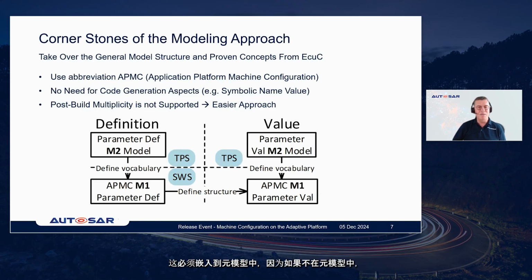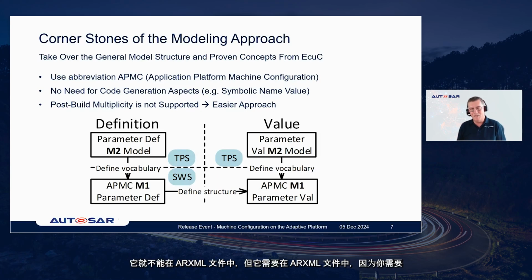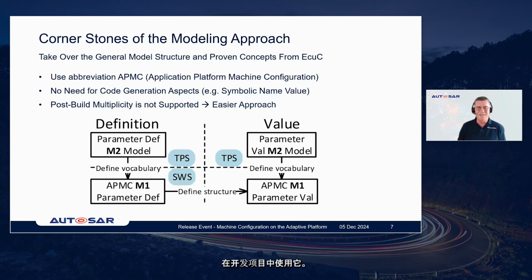This has to be embedded into the meta model, because if it's not in the meta model, it cannot be in an ARXML file, but it needs to be in an ARXML file because you need to use it in a development project. And this part of the overall approach for APMC, this is handled in a TPS document, and I'll explain more details about this document later.